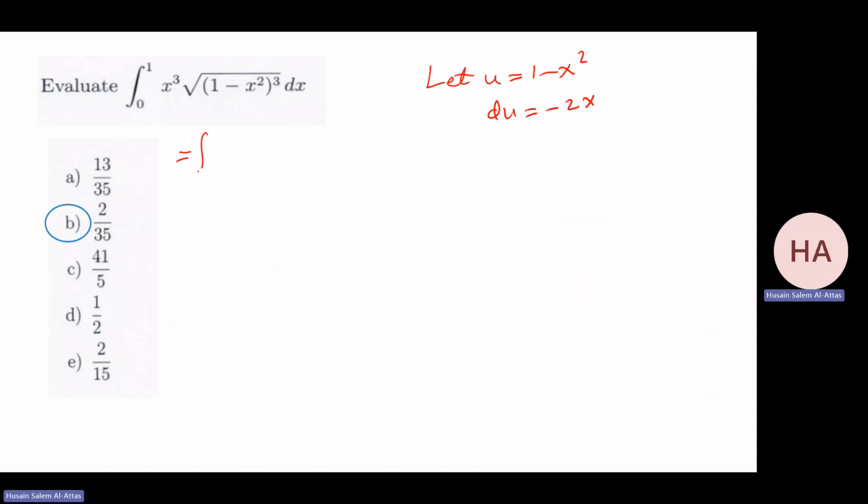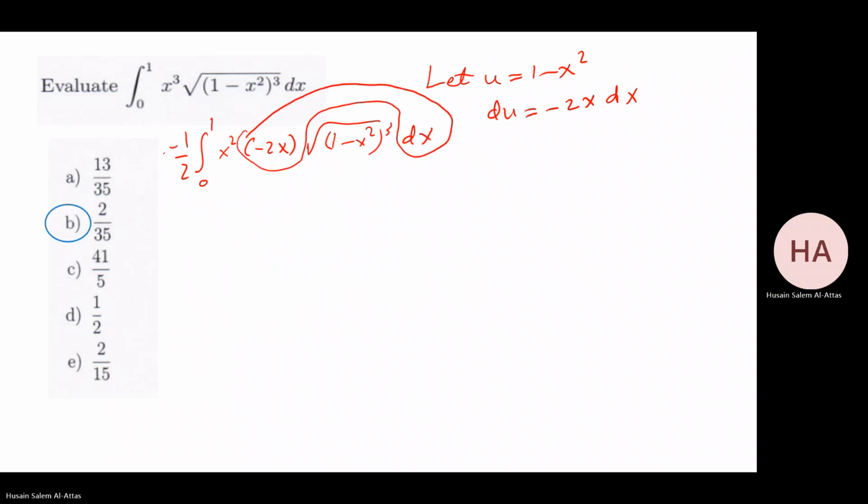This one, I rewrite it 0 to 1, x squared times minus 2x times minus half here. Times this. So very clear, this is my du, I mean.